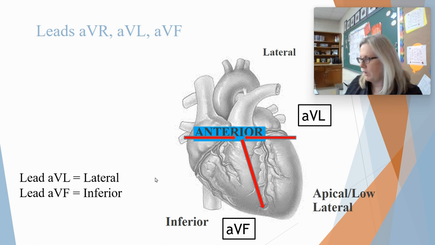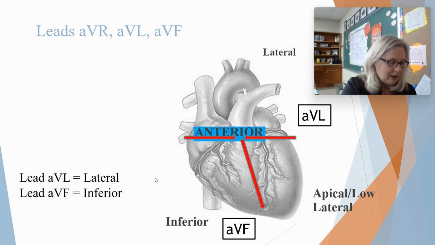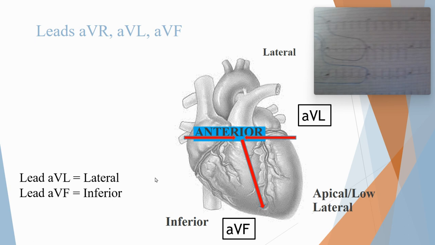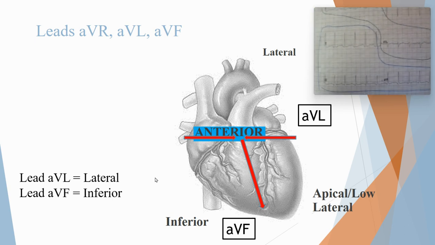Okay. We know that 1 and AVL go together. And now we've just learned that 2, 3 and AVF go together as well. So circle them, just like that. So 1 and AVL go together and 2, 3 and AVF together.